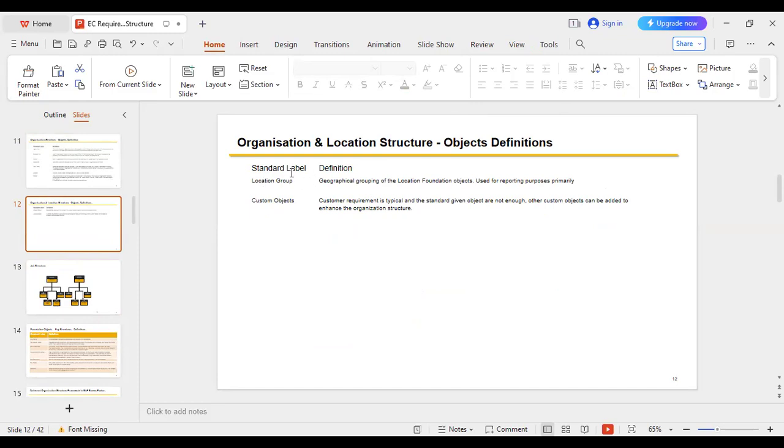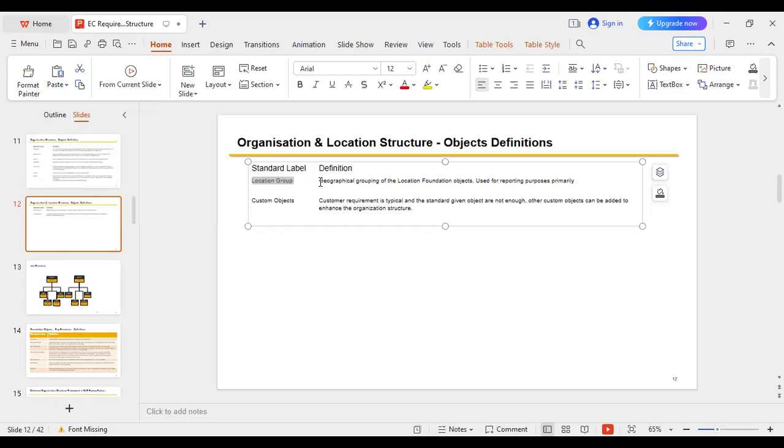For example, Delhi NCR is one location group in which the locations are Delhi, Noida, Ghaziabad, and maybe they include Meerut and other locations also. So these are the locations, and they make the association with the location group.